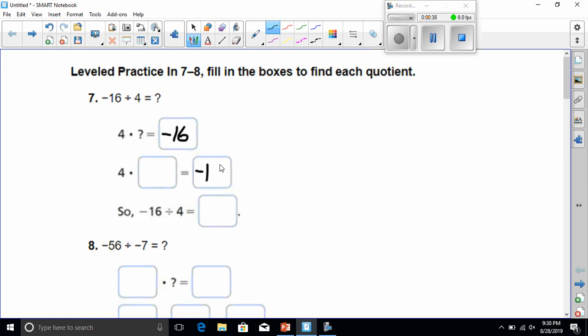We need a negative number to multiply with a positive number to get this, so it would be negative 4, because 4 times 4 equals 16, so 4 times negative 4 equals negative 16. So that means that negative 16 divided by 4 equals negative 4. All right?